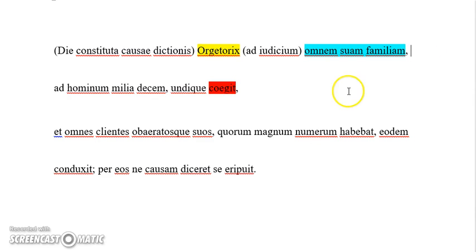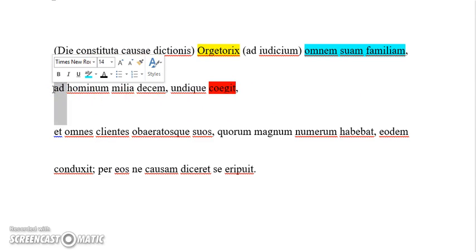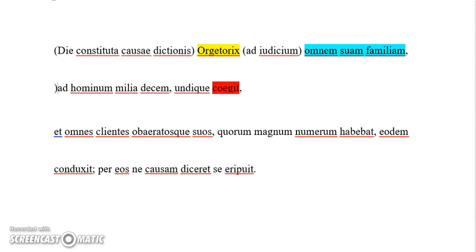So one direct object with a bunch of modifiers. And when they use ad with a number, it usually means about. Decem milia hominum. That's a pretty big household.